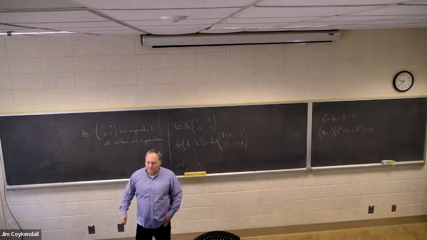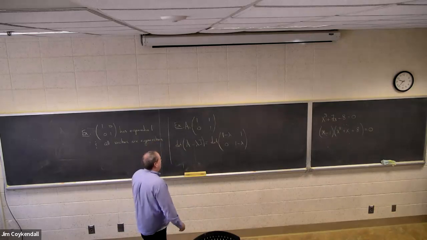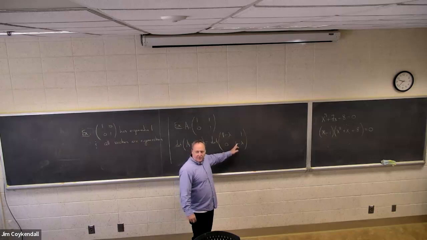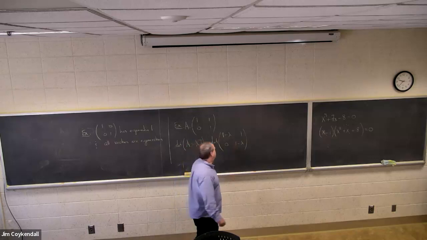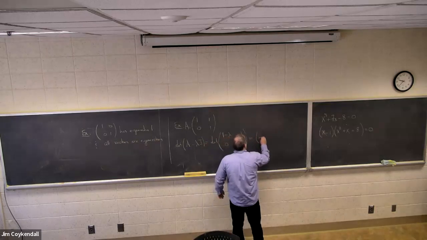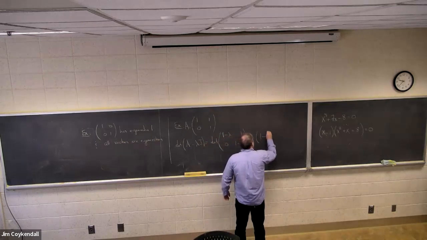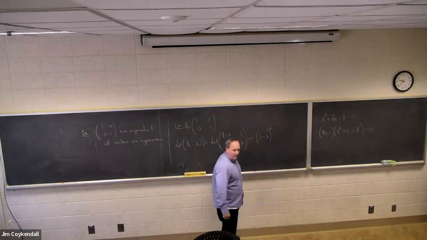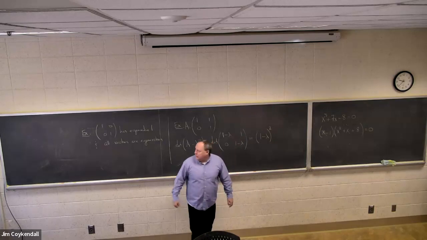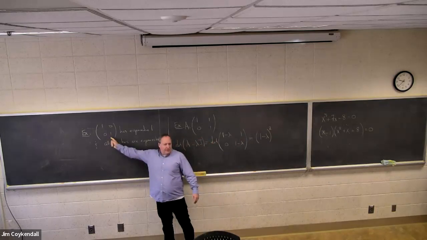By the way, the polynomial you get by taking this determinant is often called the characteristic polynomial. In this case, you get (1 minus lambda) squared, minus 0, right? Would everybody agree that you get the same characteristic polynomial for both of these?